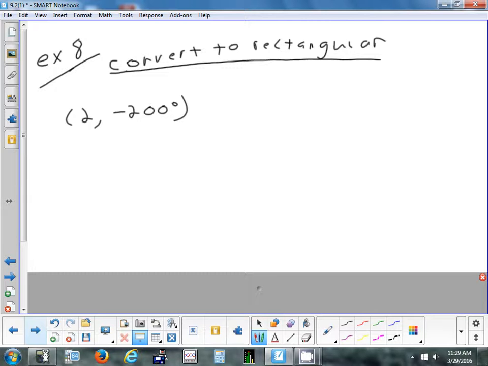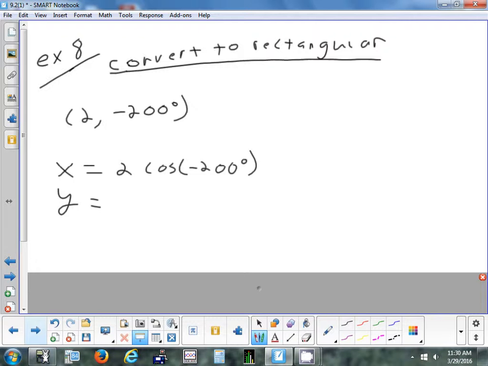All right, so let's convert (2, negative 200) to rectangular. All right. So what's my formula for x? Yep, Brian. r cosine theta. Okay, and can you go ahead and fill in r and theta for me? 2 cosine of 200. Well, the negative doesn't matter in a cosine.